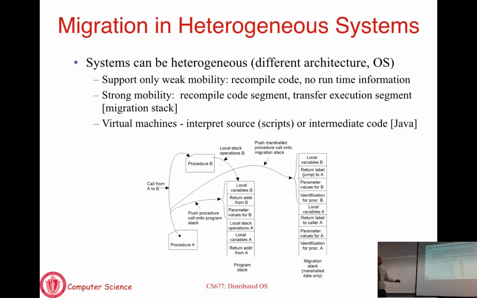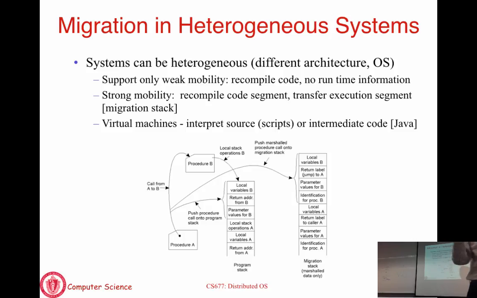You could say, I don't move processes. If it's heterogeneous, why not just move the code and re-execute it? If it's a Python script, it doesn't matter, so long as you have the same version of Python on the new machine, whether it's the same OS or not. Or if it's a Java program, so long as you have the JVM, the heterogeneity of the platform doesn't matter.